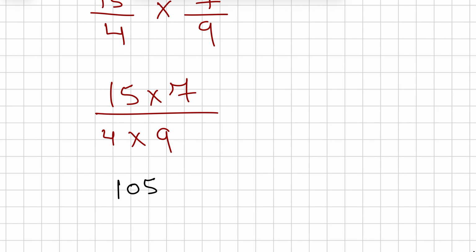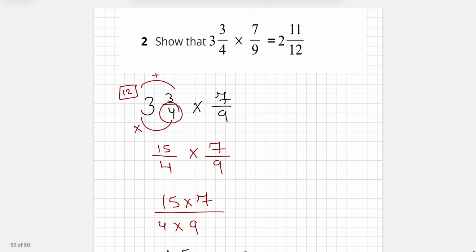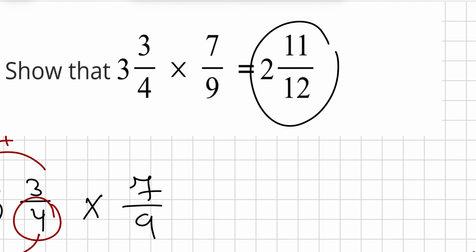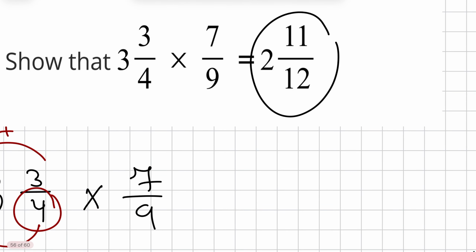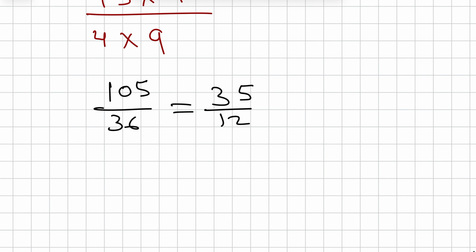And of course, 4 times 9 is 36. After you simplify, it is going to be 35 over 12. But the answer we need to find is this one here. We need to show it as a mixed number. Okay, guys? So 35 over 12 here.